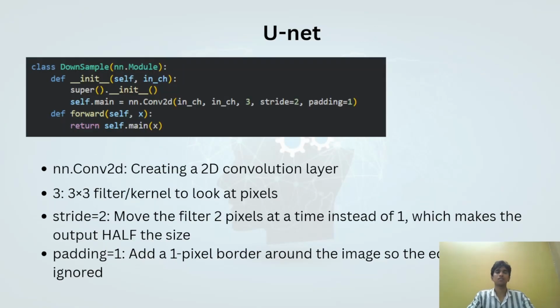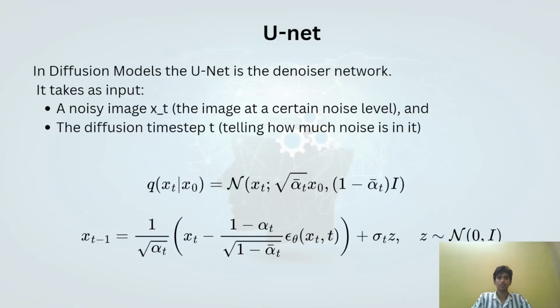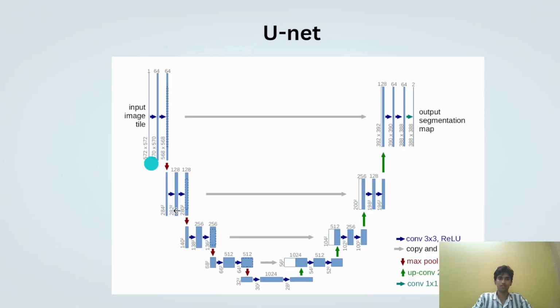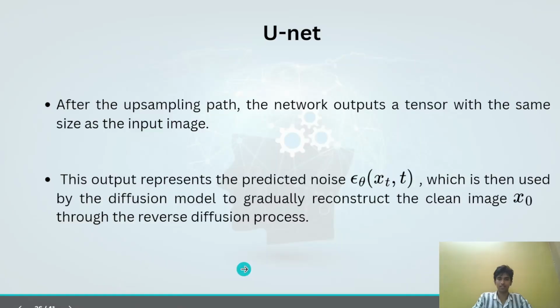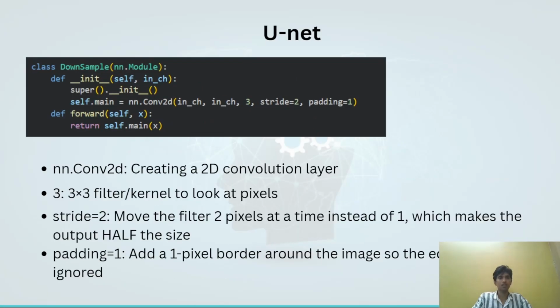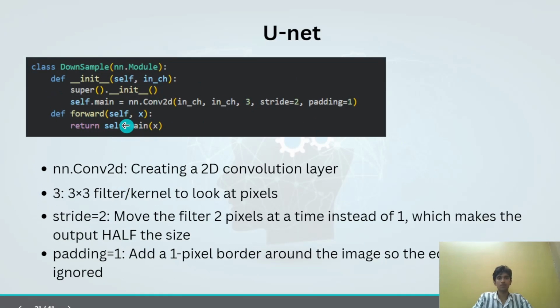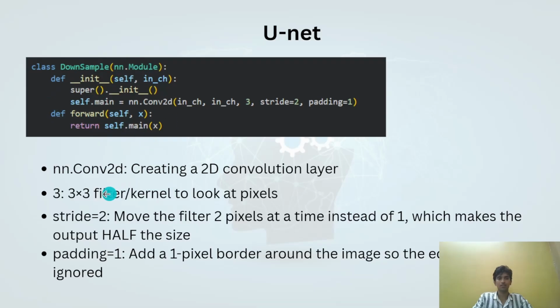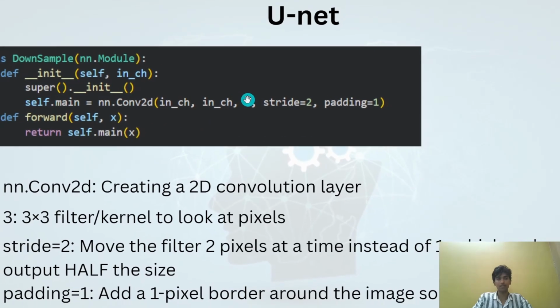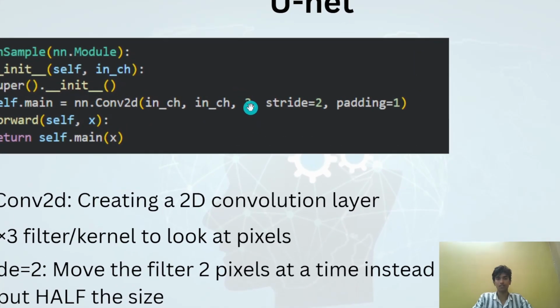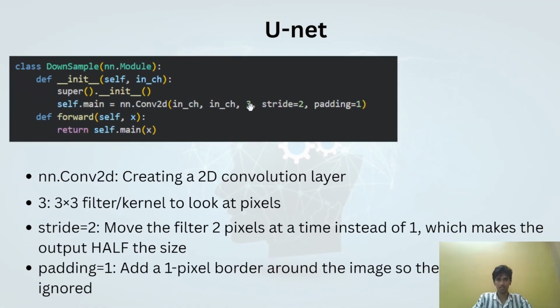Yes, this is downsampling. Downsampling is what I explained earlier. This process is known as downsampling, reducing the pixels and increasing the features. What we do in this is, first we initialize the class, and then we create a 2D convolution layer. This 3 here means we use a 3 by 3 filter or kernel to look at pixels.